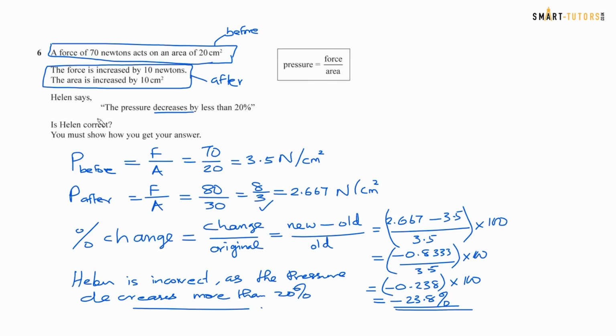That's all the working you need to show. You have shown the percentage change and the answer is minus 23.8, and conclude by saying Helen is incorrect, that means more than 20 percent, not less than. That is the end of question 6.